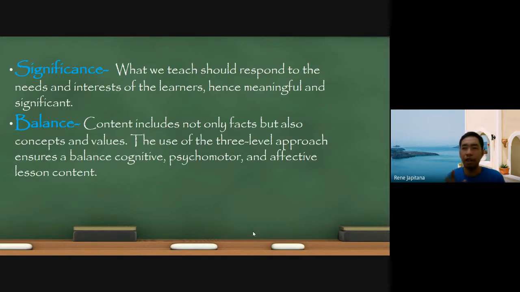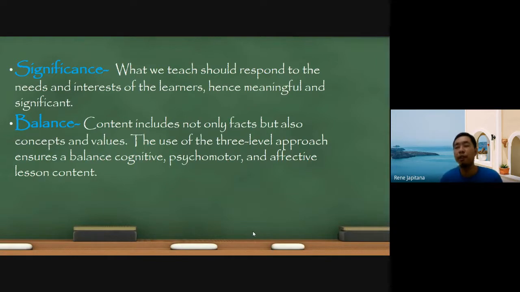When we make a lesson, there are three guiding objectives: the knowledge, the skills, and the attitude, or the cognitive, the psychomotor, and the affective. So it should be balanced. Not only the facts and knowledge that we deliver to our learners, but we also need to develop concepts and values, using the three-level approach, a balanced cognitive, psychomotor, and affective lesson content.